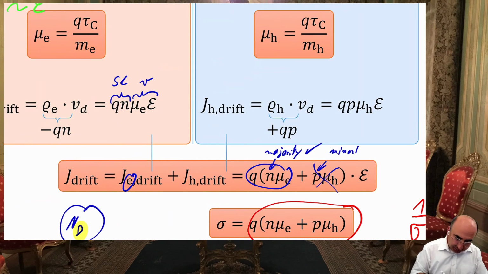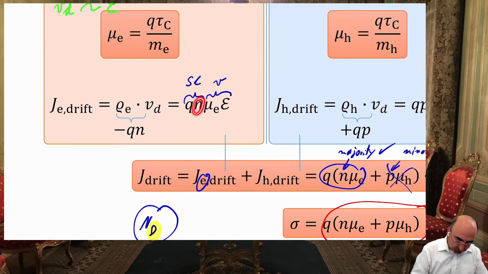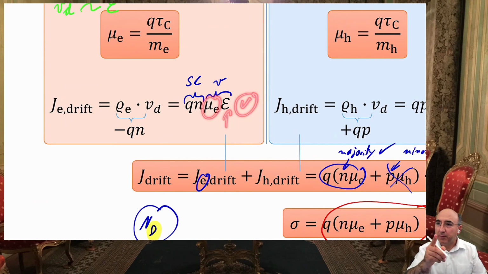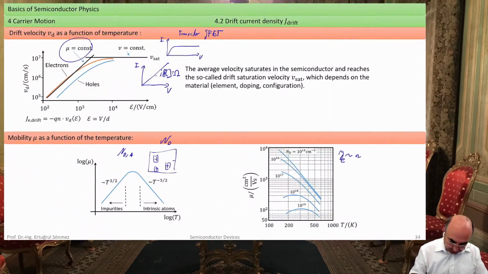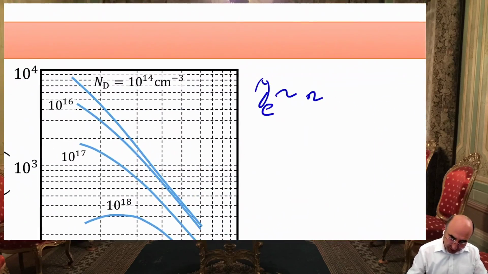So the electron drift current is proportional to the number of electrons and to the mobility. Let's assume your voltage is constant. So the voltage is constant, so we have proportional to the electrons and proportional to the mobility.